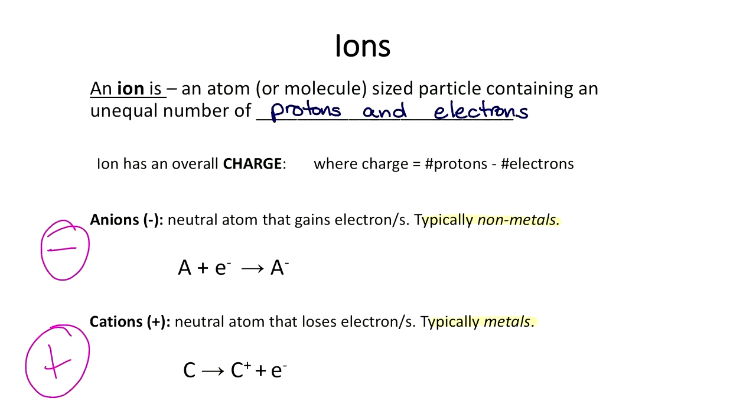How I remember the charges is that a positive sign looks like a T, and cation has a T in it. I don't have one for anions, so I just remember cations are positively charged and anions are the other one.